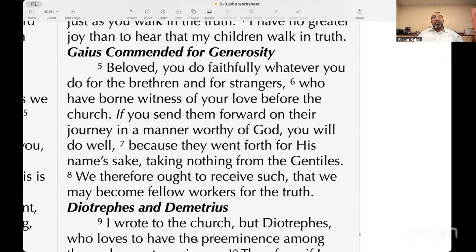The devil knows the truth. The demons know the truth. They are not atheistic. Matter of fact, the demons, and this is what you're alluding to, Sister Wynn, are monotheistic. They believe in one God. What does James say?